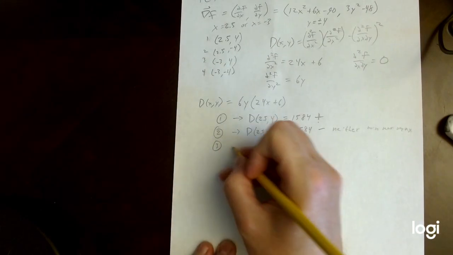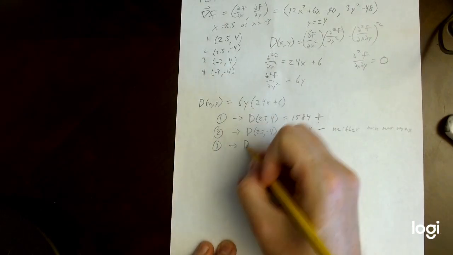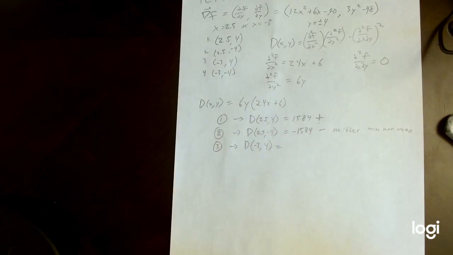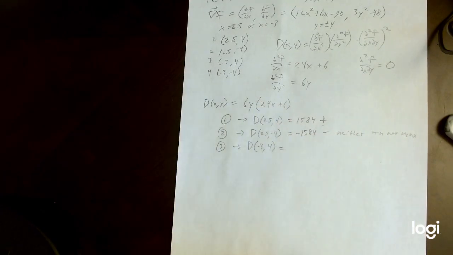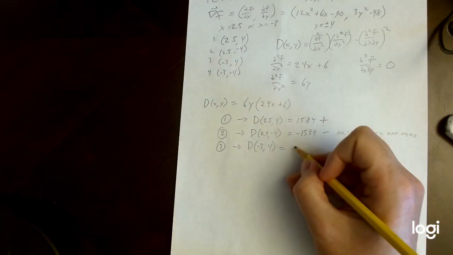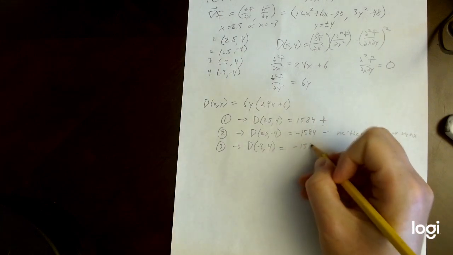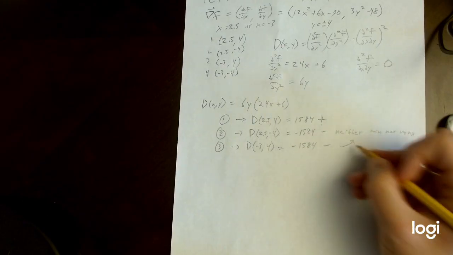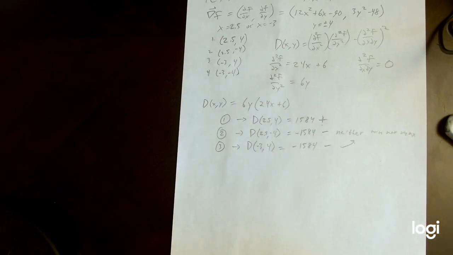Our third set of roots, we would have d of minus 3, 4, and plugging those things in, we will get, in this case, minus 1584. That's negative, and that's still neither min nor max.